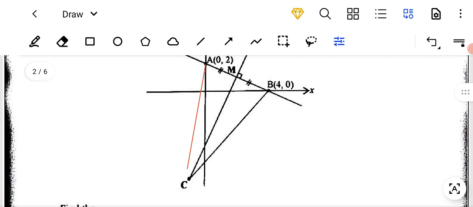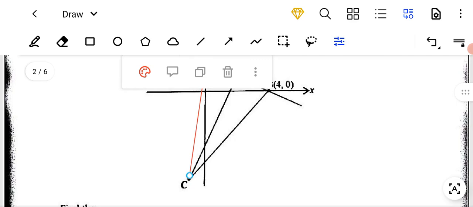Let's try to connect the two. Something like that. Okay, so this is just how it's supposed to look.